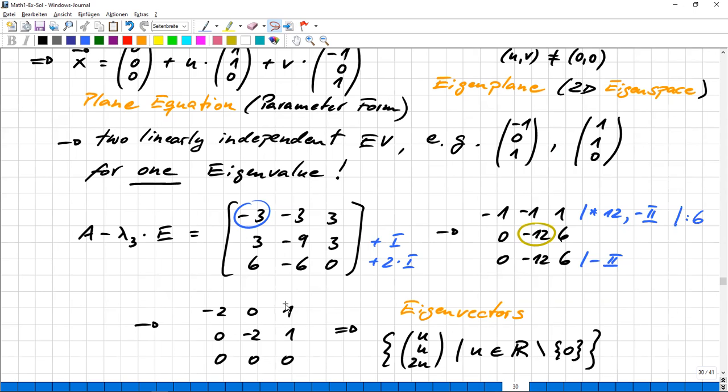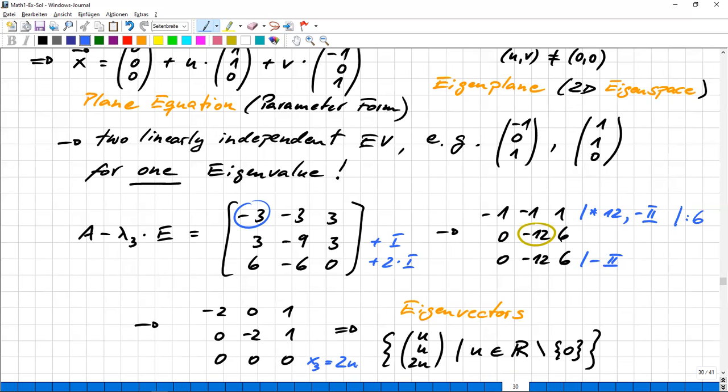And then isolating x1, I would get a fraction on the other side. To avoid this fraction, this is sort of a trick that I use, I decided not to set x3 equal to u, but actually equal to 2 times u. You know that u is freely chosen anyway, so I can call it u or 2u.